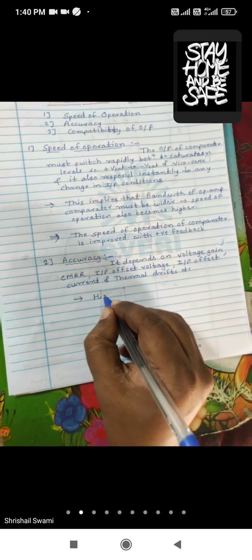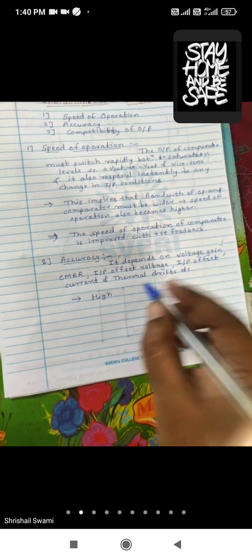If the voltage gain is high, what will happen?